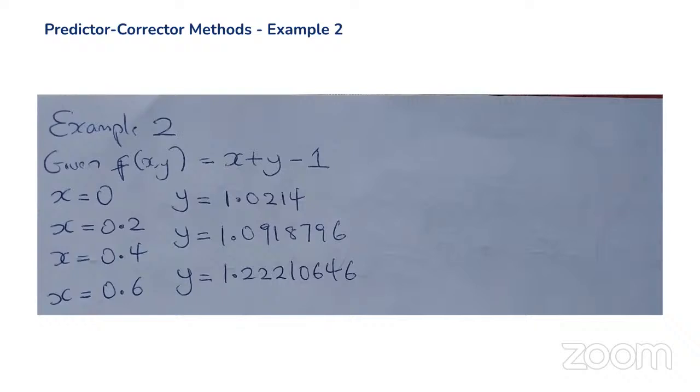Now look at x equals 0.4, it tallies with 1.09188. Now x equals 0.2 tallies with y equals 1.0214. So I think you should put something like a y up there and give it a question mark.